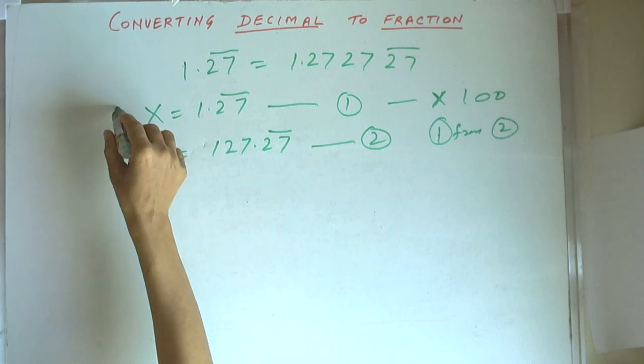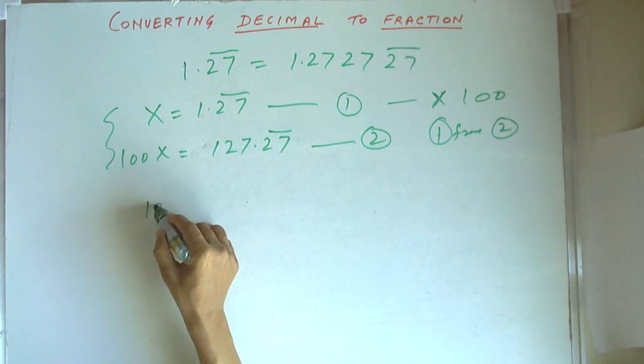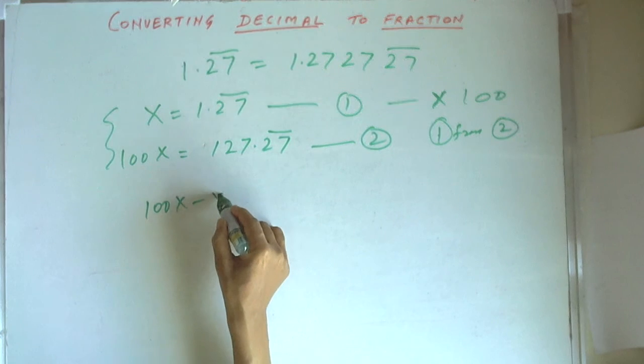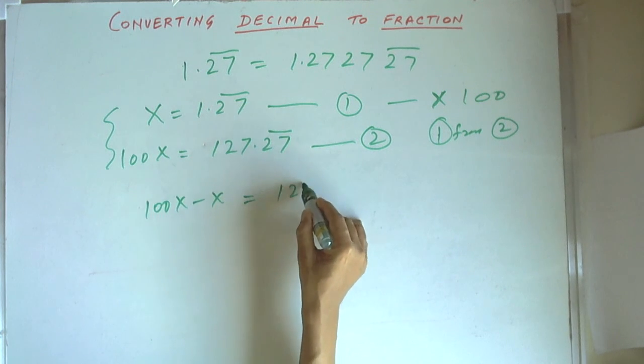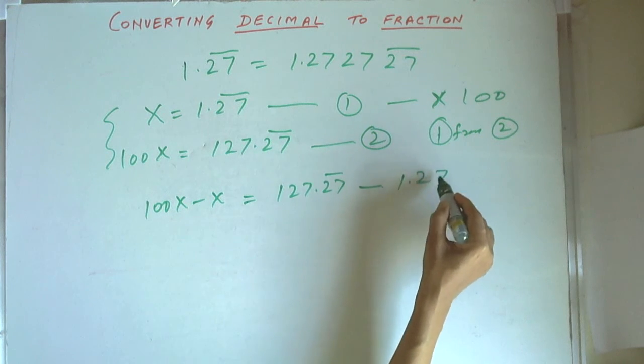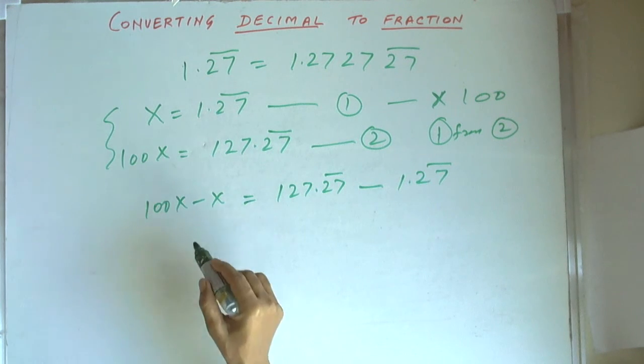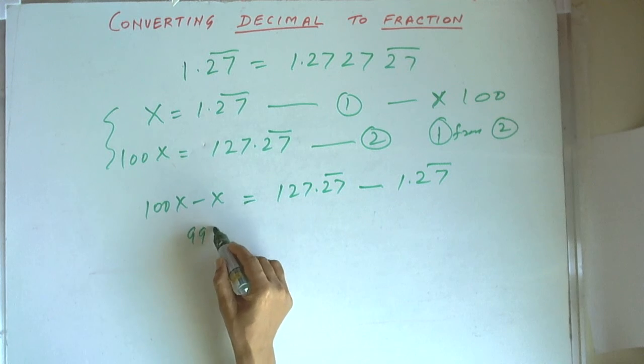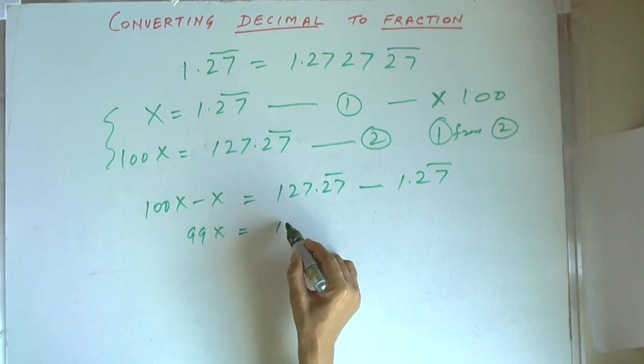When we subtract, this side is 100x minus x, and this side is 127.27 minus 1.27. So this will become 99x and this side will become 126.